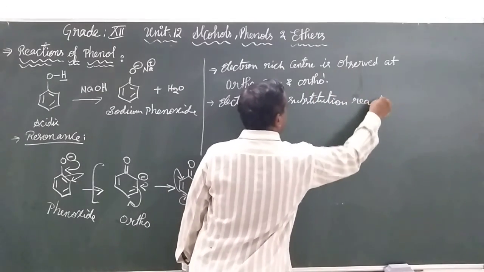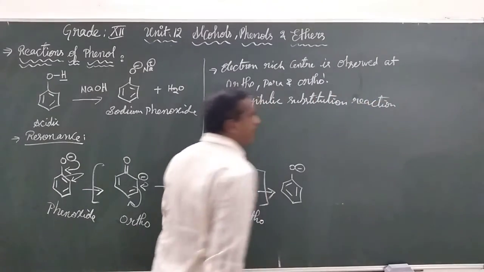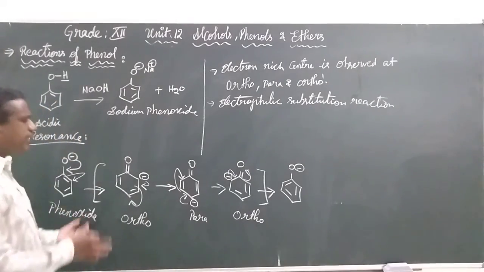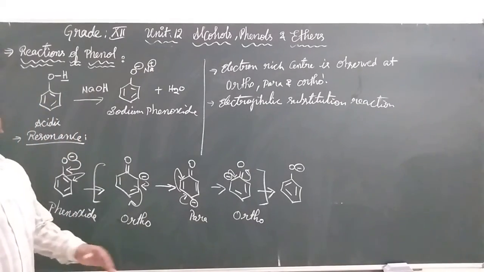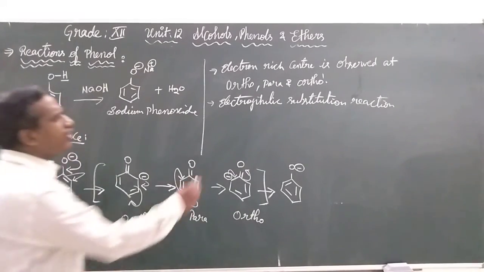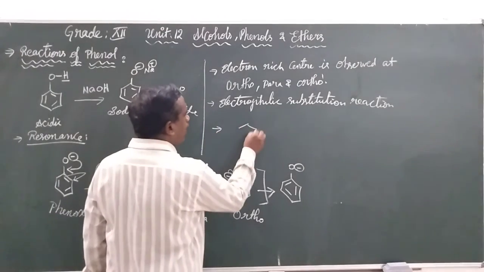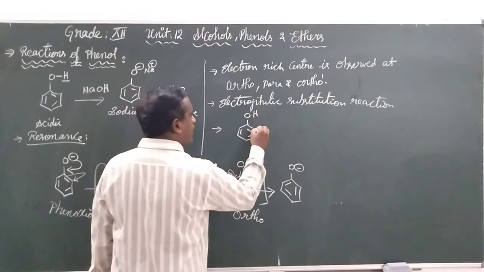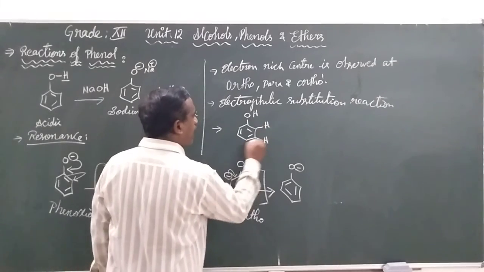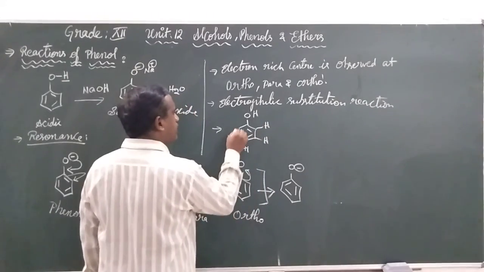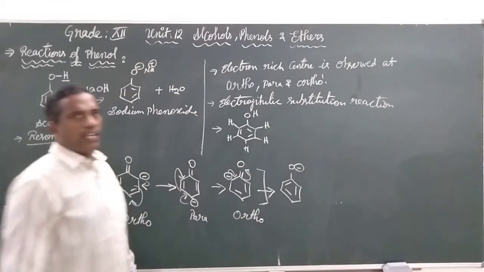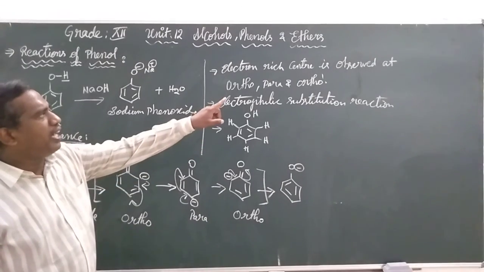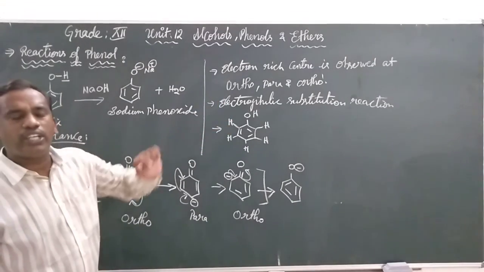How do we say that it is undergoing an electrophilic substitution reaction? On benzene we know there is C6H6, but on phenol one of the hydrogens was replaced by OH, and still there are 5 hydrogens. In which places will it undergo the electrophilic substitution reaction?